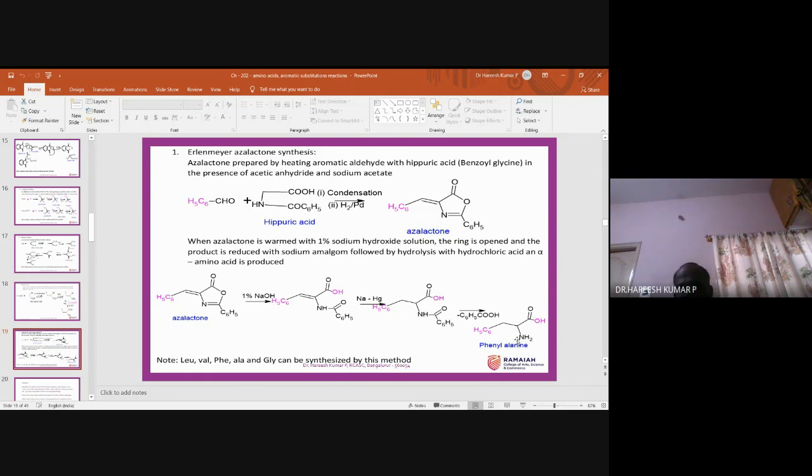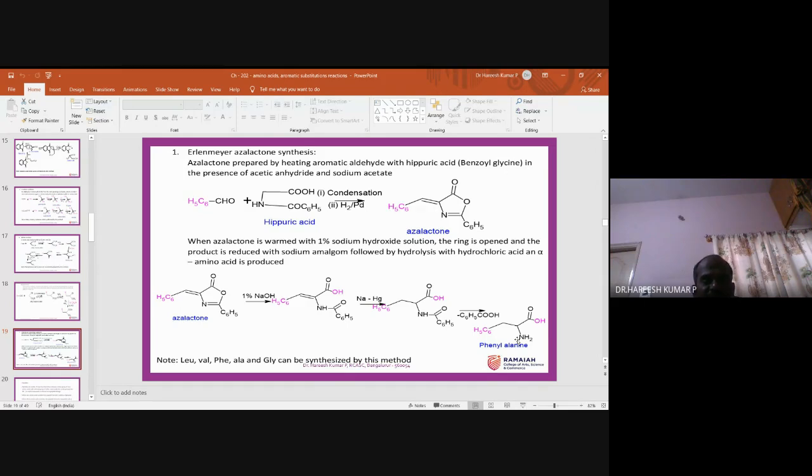So these are the methods of synthesis of amino acids. The first method is treating a halo acid. The second method is from malonic acid, how the amino acid is synthesized. The third method is Gabriel phthalimide synthesis. The fourth is Strecker synthesis.